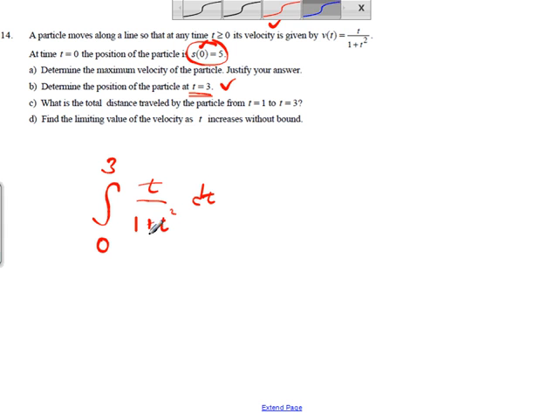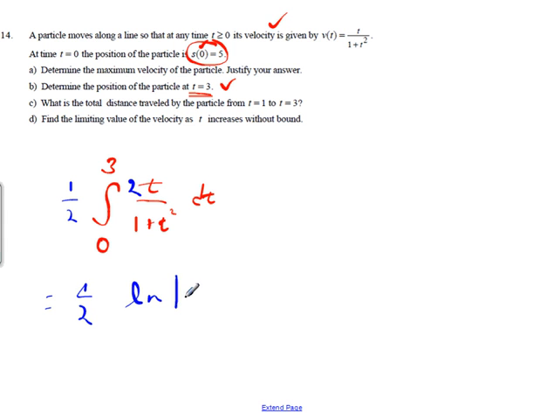So if I put a 2 here and then a 1/2 out in front, now we've got the derivative. We got our function here and the derivative up top. So this equals 1/2 times ln of 1 plus t squared evaluated from 0 to 3.